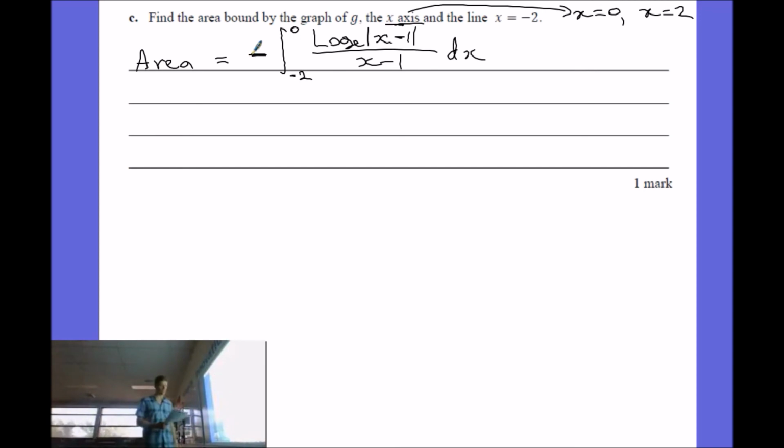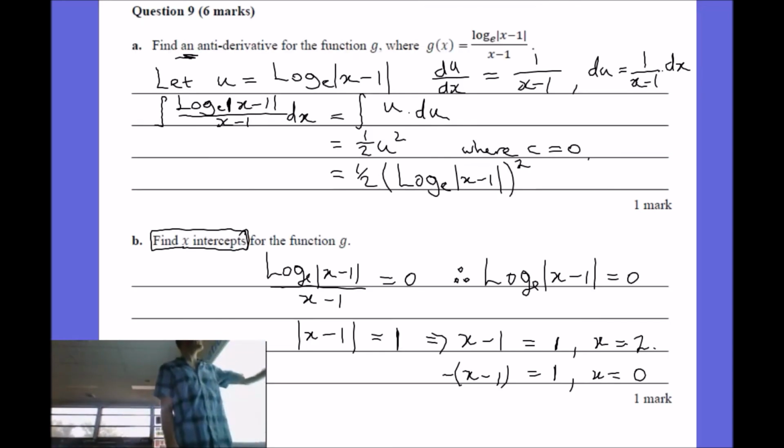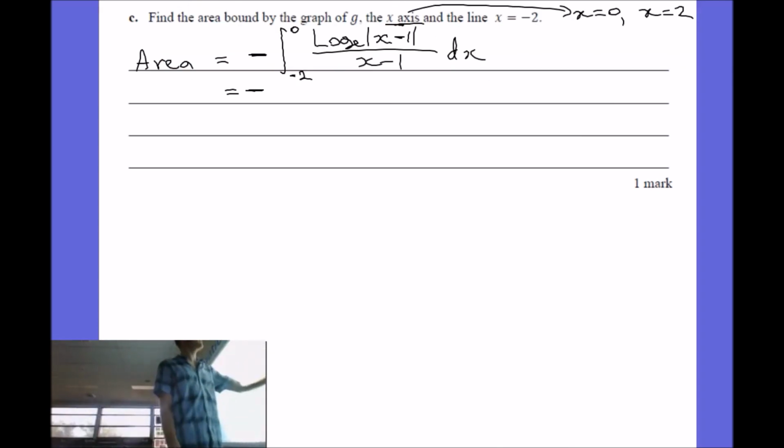Alright, so having identified that, we're going to perform our antiderivative. We've still got this negative area. Let's apply this negative area out the front. Let's deal with that straight away. Oh yeah, sorry. Let's get the integral to absorb the negative, and so our integral now becomes from 0 to minus 2.